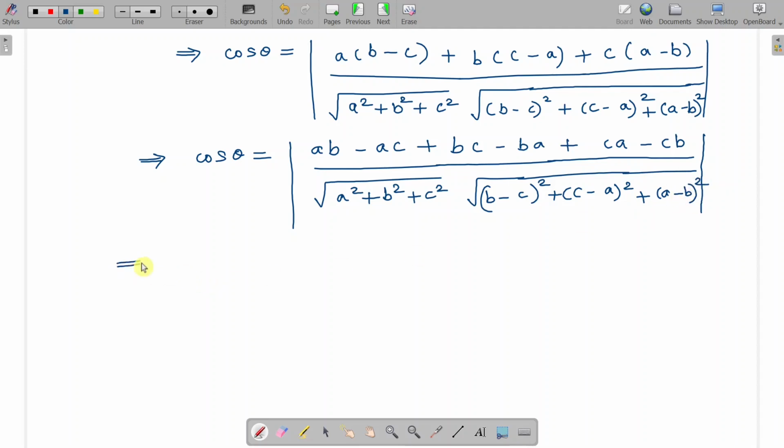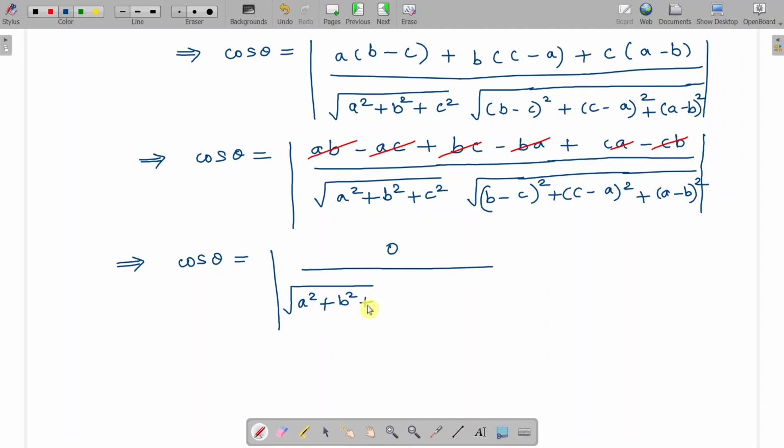So this implies cos theta is equal to modulus of, now you can see that AB minus AB gets cancelled, minus AC plus AC gets cancelled, BC minus BC gets cancelled. So what you will get is 0 in the numerator, divided by the denominator as it is: root of A square plus B square plus C square, into root of B minus C the whole square plus C minus A the whole square plus A minus B the whole square.